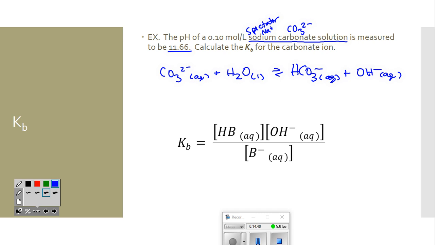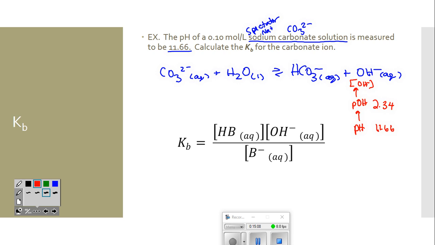Now, it told me in the question the pH was 11.66. So pH could tell me pOH, which could tell me the concentration of hydroxide. That's where I'm going to go with this. I know that if the pH is 11.66, then the pOH is 2.34.